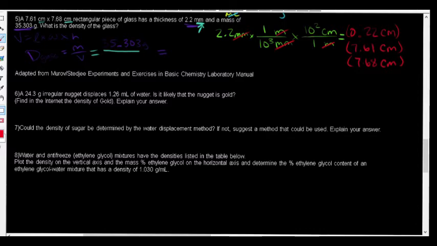We're doing centimeters times centimeters times centimeters. So that's going to be centimeters cubed. And as far as the number, 0.22 times 7.61 times 7.68 gives us 12.857856.